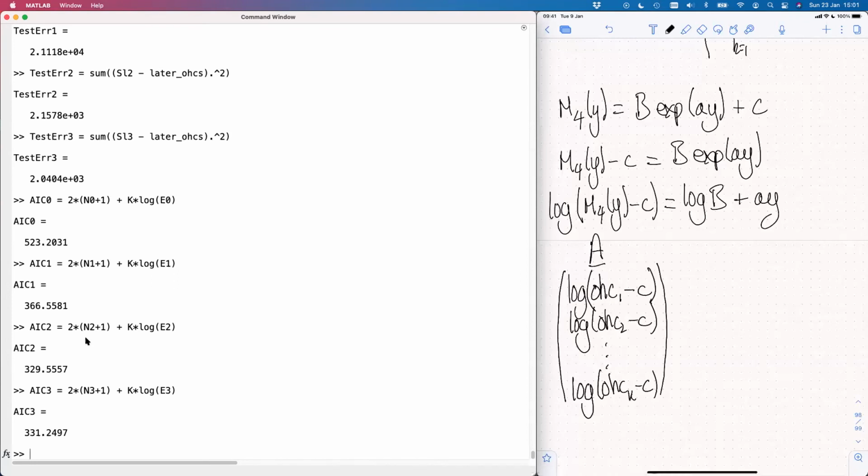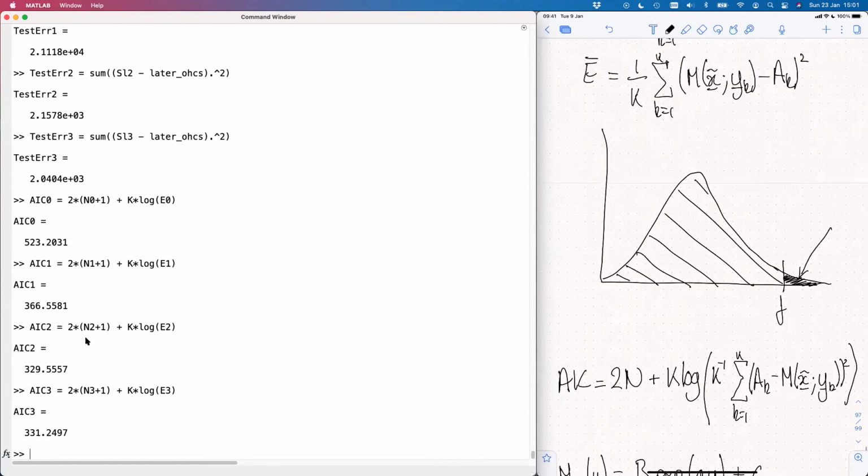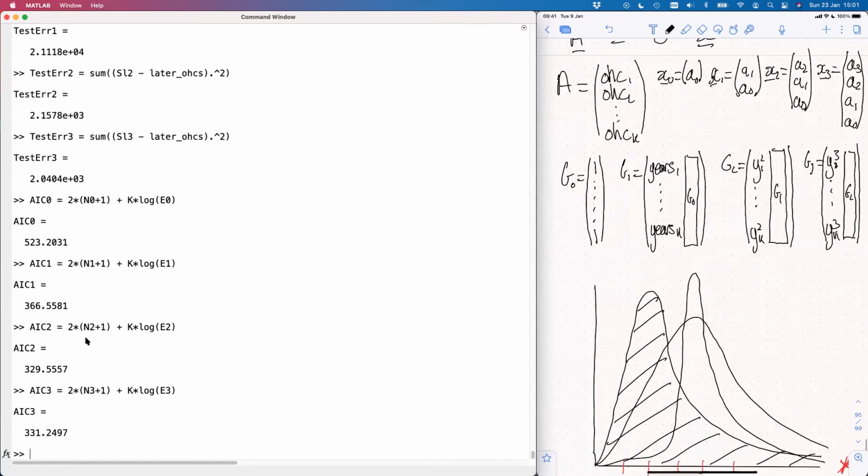But then I could write that as equal to G times a set of unknown parameters a and log b, for which my design matrix would then be something quite familiar, simply the list of years at which measurements were made, y1 up to yk, and a column of ones. In fact, exactly the same matrix, if we scroll back up here, that we used for our linear model G1 earlier on.